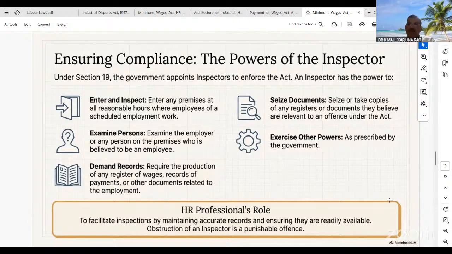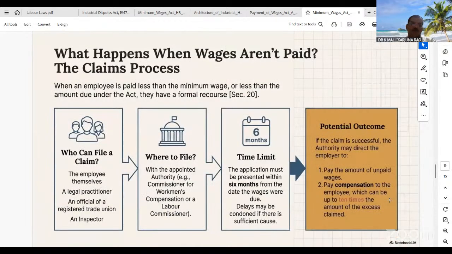If the documents are not proper, they can seize them, and they can also charge for manipulation. Other powers are also given to the appointed inspector.